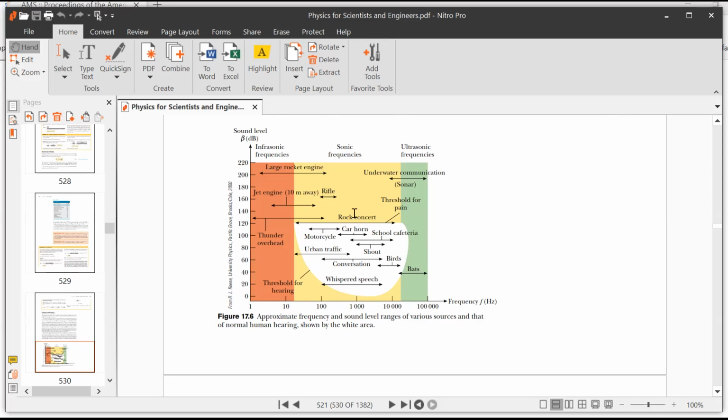This is the rock concert. This is a jet engine 10 meters away. This is underwater communication using sonar. So this is the threshold of pain for our hearing, our ears.